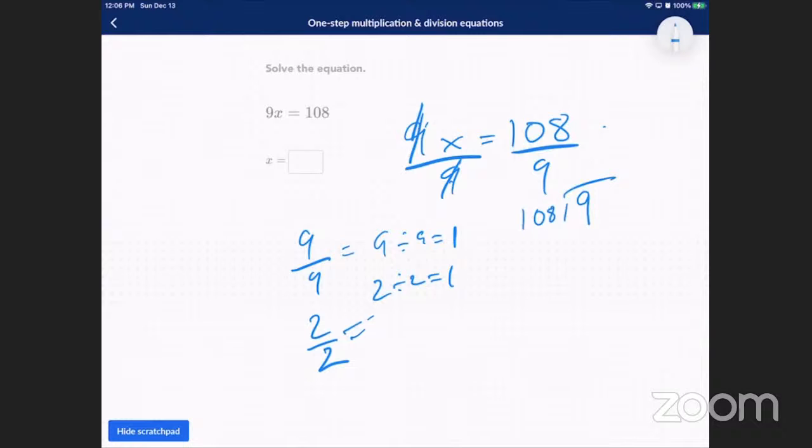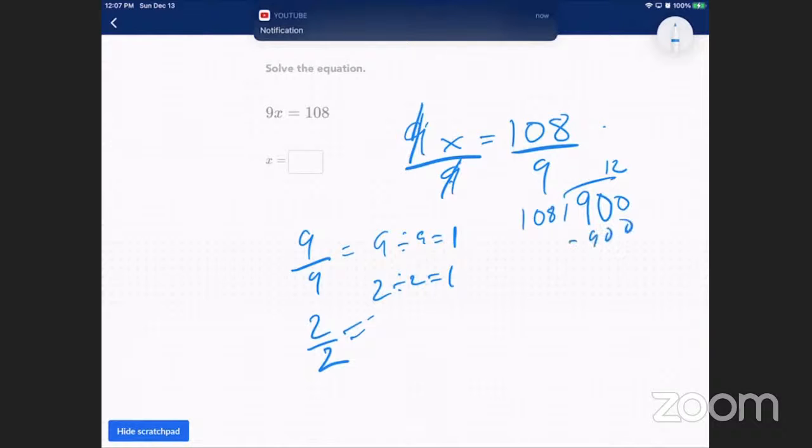Let's do it. 9 goes into 10 once, then we say 9 goes into 18 twice, and this is 12 times 9 is 108.